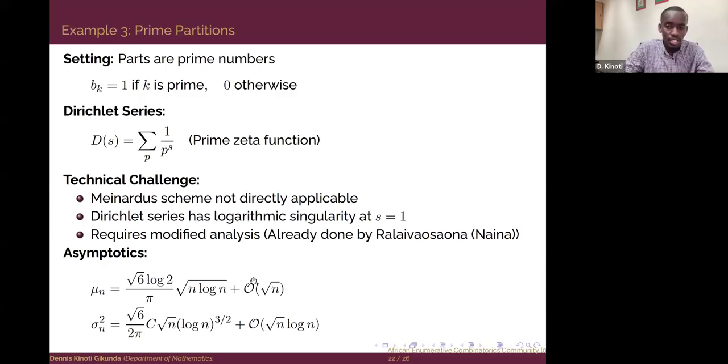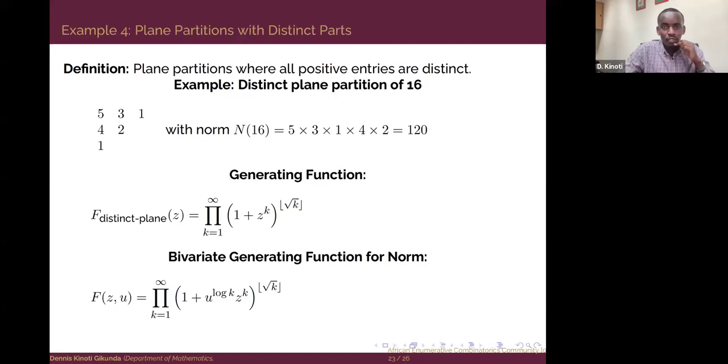You can check it. Actually, it was in his PhD thesis. So I used that particular approach to estimate for prime partitions, and we give it as an example. For plane partitions with distinct parts, this is what we have. We can have it in this form, the geometric representation.